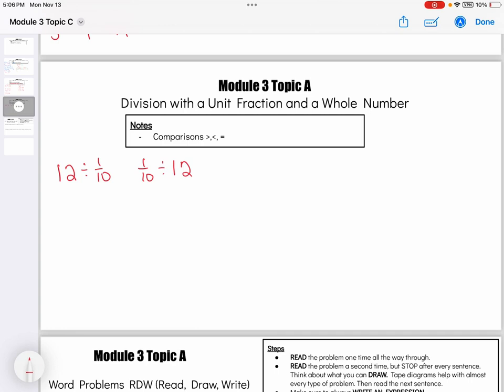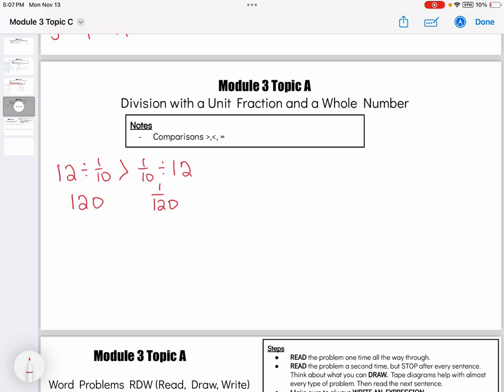I tell the kids all the time, it's easiest and best if you just go ahead and solve. So 12 divided by 1/10, as I know, is going to be 120. And 1/10 divided by 12 is going to be 1/120. So I know that this is going to be greater than.